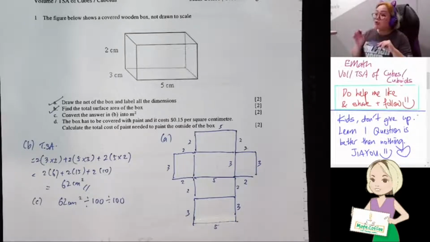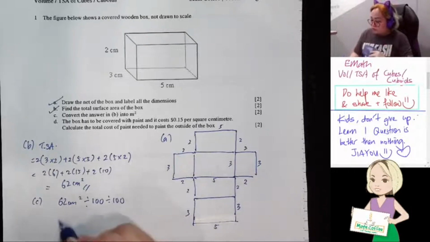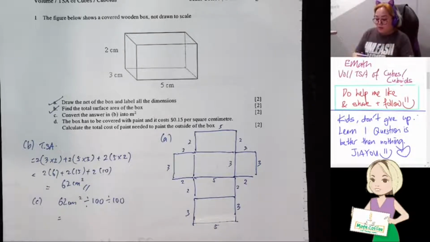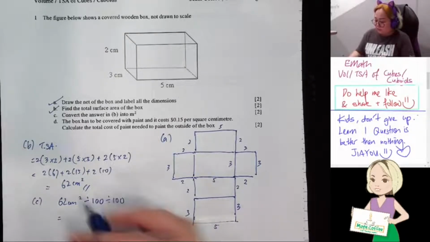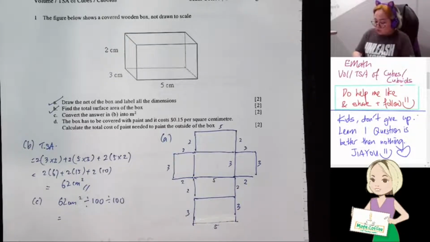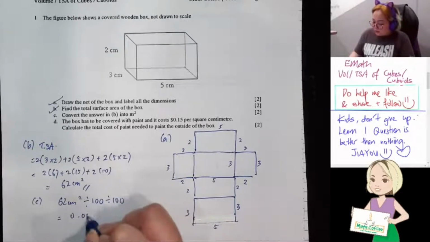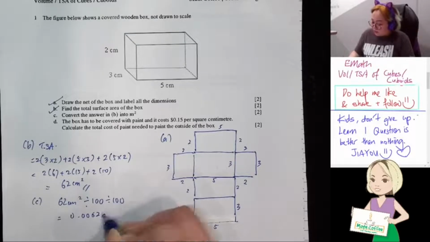So when it's cm squared to meter square, you divide by 100, and divide by 100 one more time. So it will be 62 divided by 100, divided by 100, and you get 0.0062 meter square.